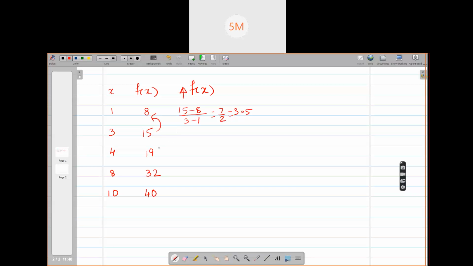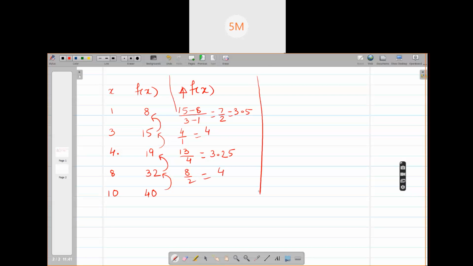All of you are getting this, girls? This is 19 minus 15, that is 4 divided by 1, that is 4. Next is 32 minus 19, that is 13 divided by 8 minus 4, which is equal to 3.25. Yes. Next, 8 upon 2, that is again 4.